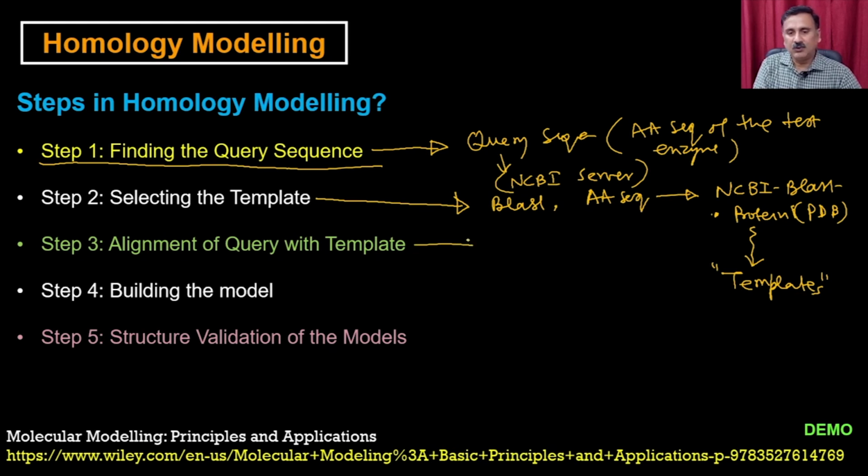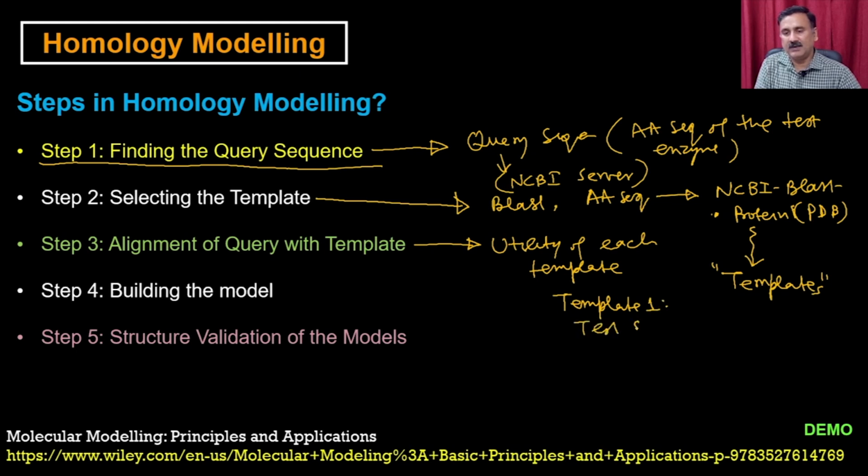In step 3, you are going to see the utility of each template, and you do that by a pairwise alignment of the query with the template. So, you do template 1 versus your test sequence, right?